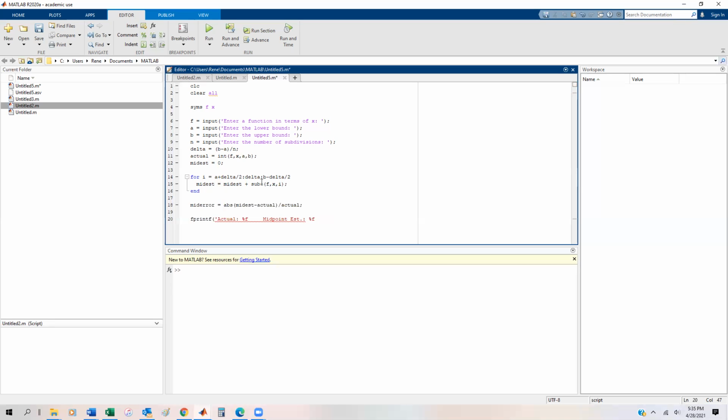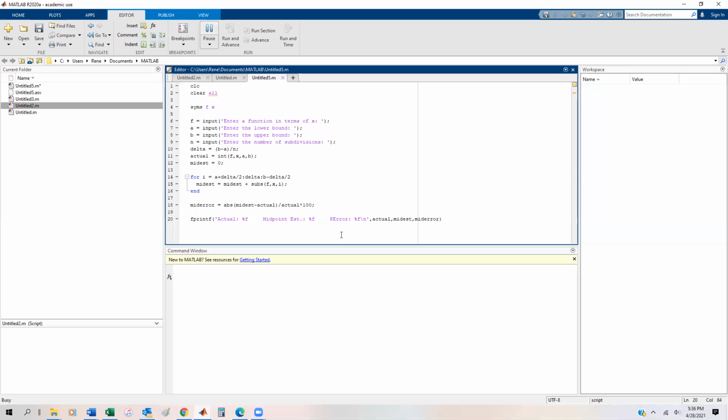And then finally, we're going to get the %error. And I should multiply this by 100 to get the %error. I frequently do that. And that's going to be another %f. And the parameters that we're calling are going to be the actual, mid-est, and mid-error. So let's see what we get out of this.